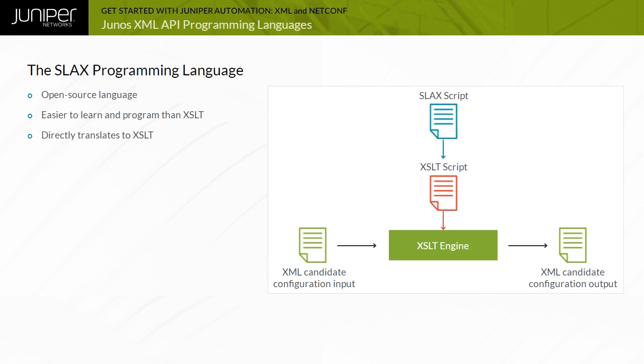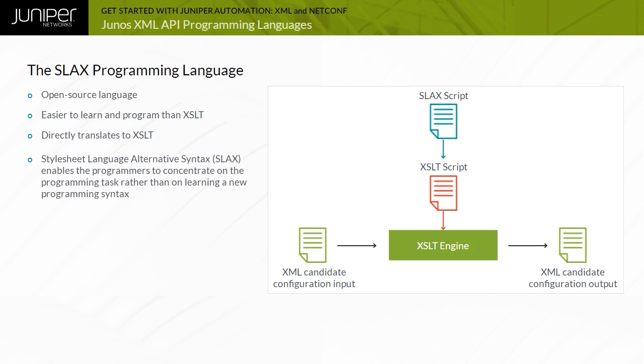SLAX is preferred by programmers who are not already accustomed to XSLT because SLAX enables the programmers to concentrate on the programming task rather than on learning a new programming syntax.